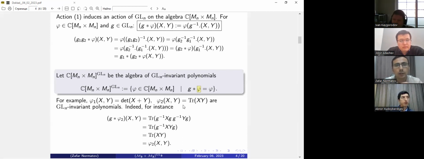Also, by the multiplication table, we can think of the algebra as a point in R^n. If you fix the structure constants, this is just one point, and we can think of this algebra as an algebraic set also.